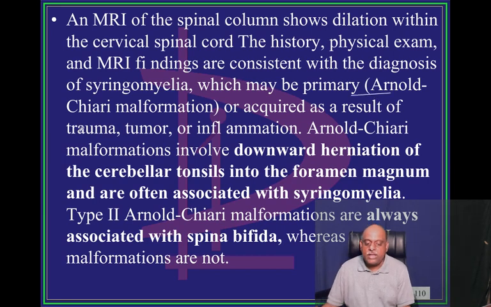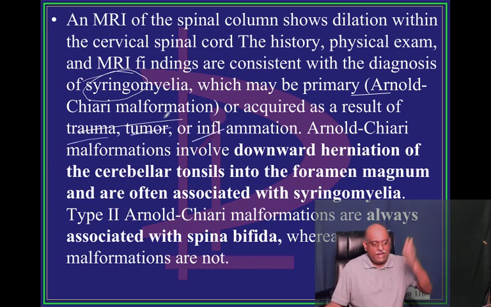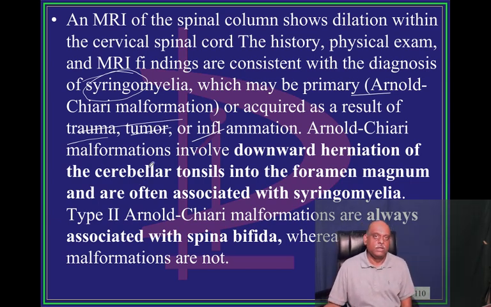So, Arnold-Chiari malformation can lead to syringomyelia, or any obstruction like trauma, tumor, inflammation can prevent the drainage of the CSF and can lead to central canal dilatation. So, what is an Arnold-Chiari malformation, doctor?